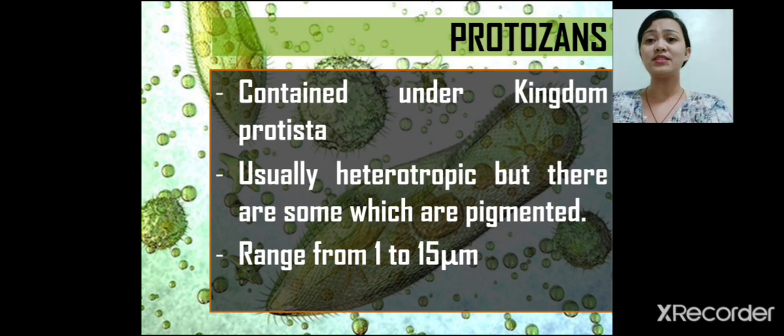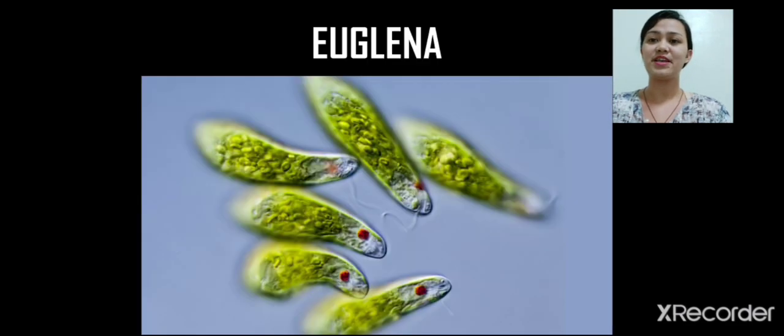So protozoans, as I've said a while ago, are minute organisms which only range from 1 to 15 micrometers. So these are microscopic organisms. One example of photosynthetic protozoans is Euglena. Euglena are flagellates.